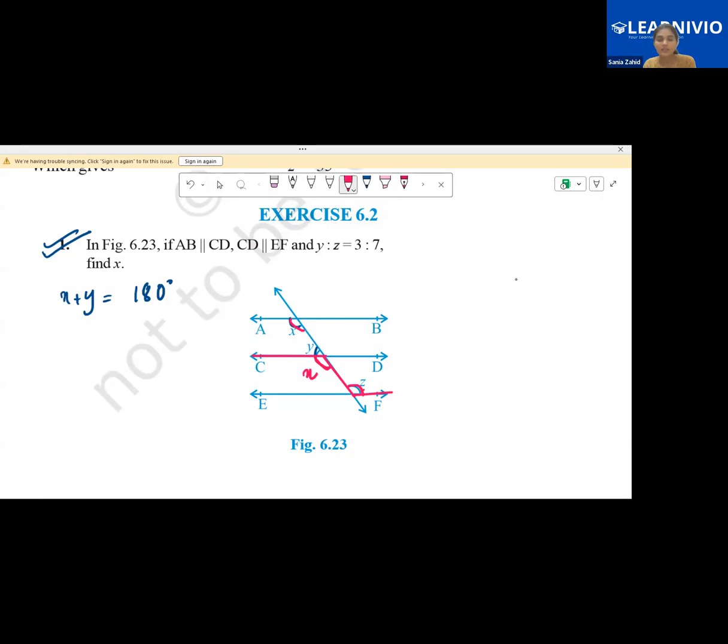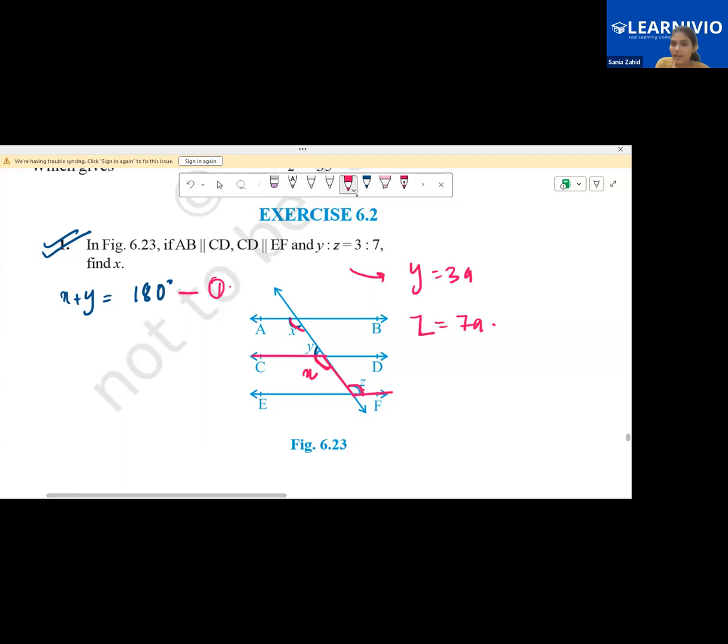Okay. See, children, this is x, this is y. I have one equation, x plus y is 180. Now we already have a variable x with us. So let's take y is equal to 3a and z is equal to 7a.